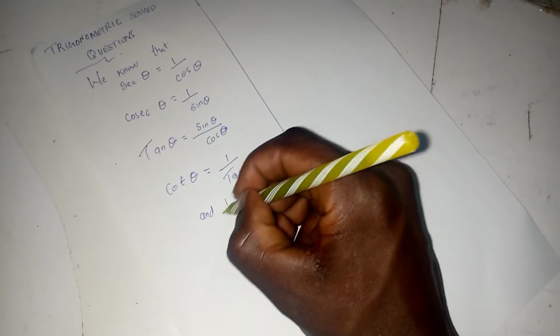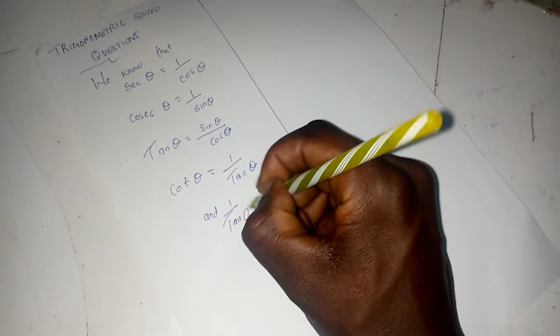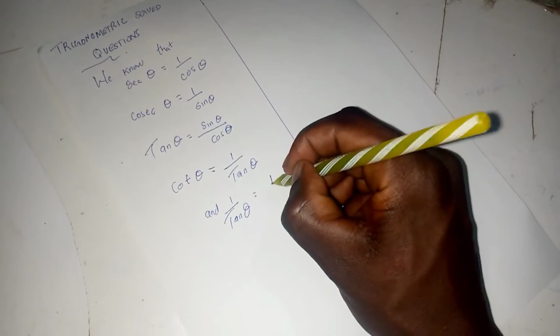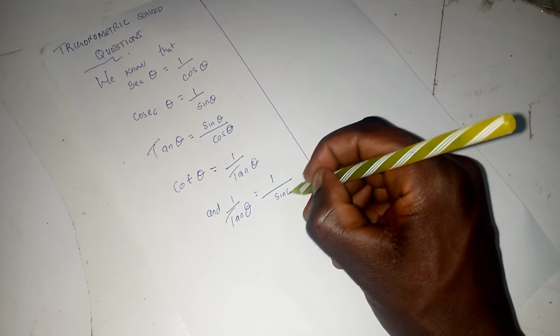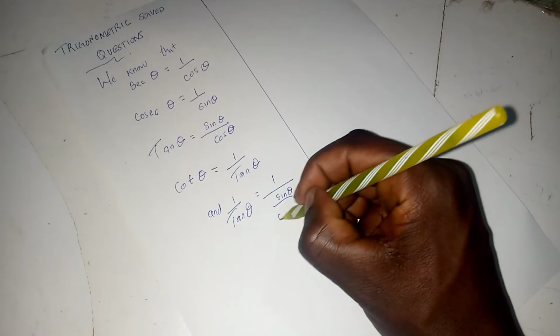Now because we have 1 over tan theta and we know what tan theta is, we can divide by it.